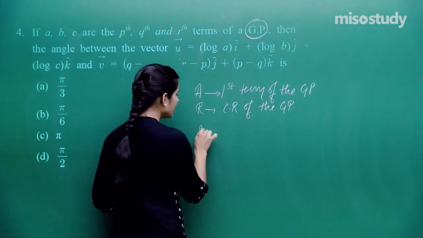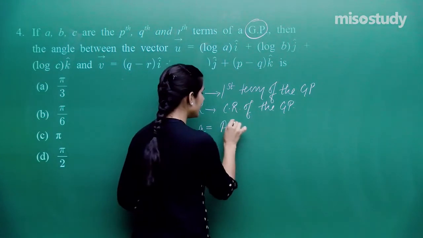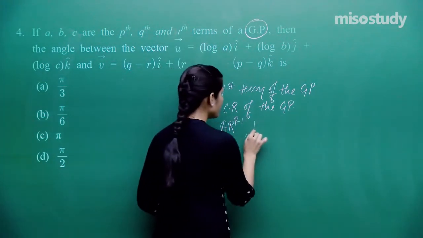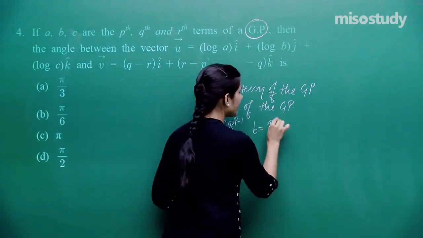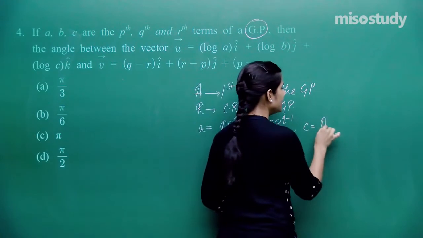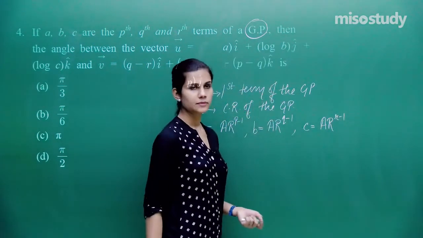After this, if small a is the pth term of this GP, small a will be A R to the power p minus 1. If small b is the qth term, it will be A R to the power q minus 1, and small c is the rth term, it will be A capital R to the power small r minus 1.